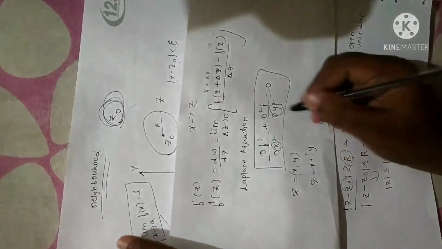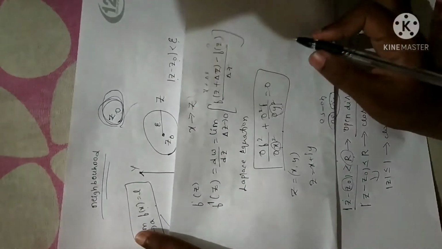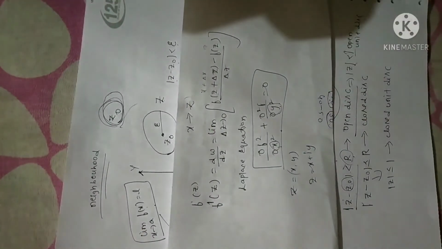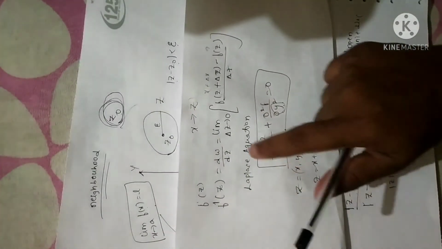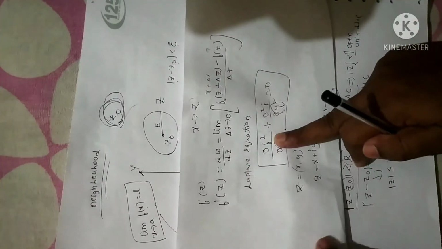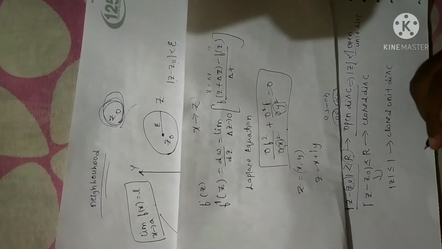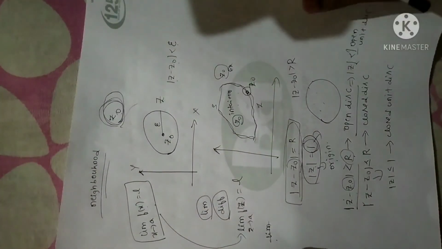You are also familiar with harmonic functions. When do we say a function is harmonic? If it satisfies the Laplace equation. These are all basics you have to remember. Further, these topics will be there in your next semester as well. So differentiability is generalized for complex numbers, and the Laplace equation is also generalized for complex numbers. These are the basics you need for further studies.